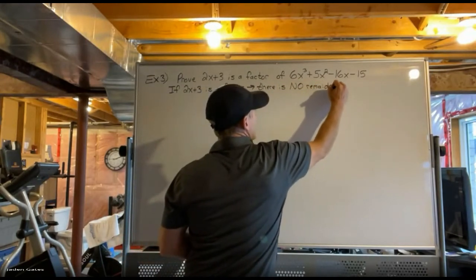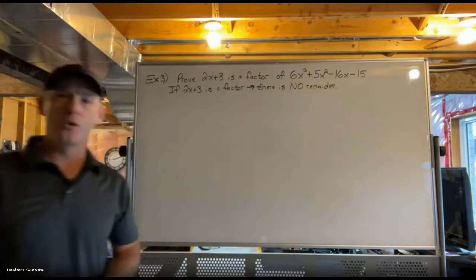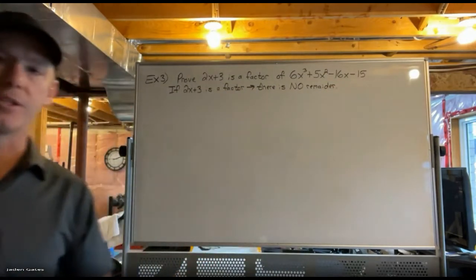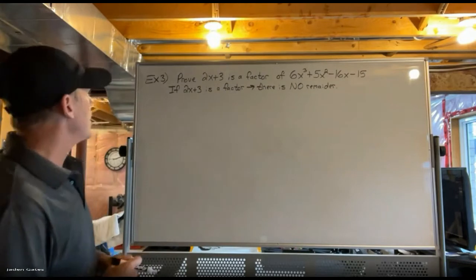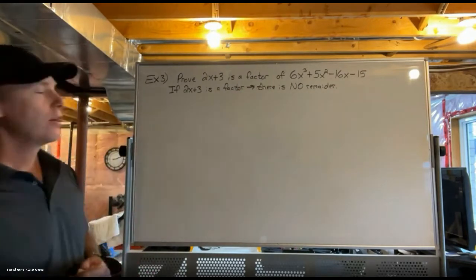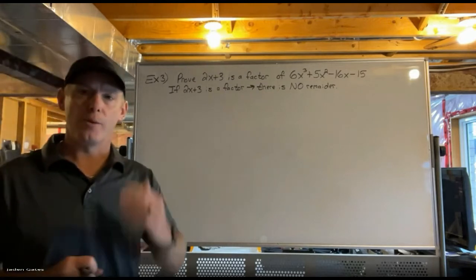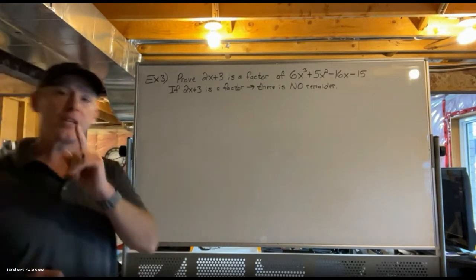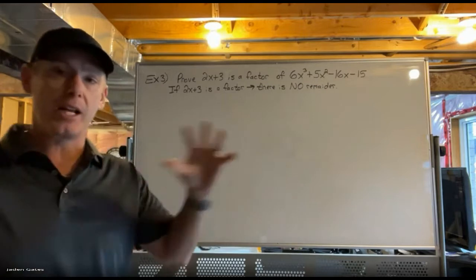So what it's saying is divide these two and show that there is no remainder. That's the skinny of what's happening here. So we're going to divide those two, and then we're going to show there's no remainder, and then it says find the other factors. So we're going to keep factoring it and break it all apart.